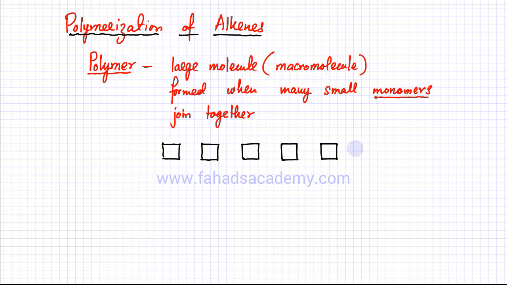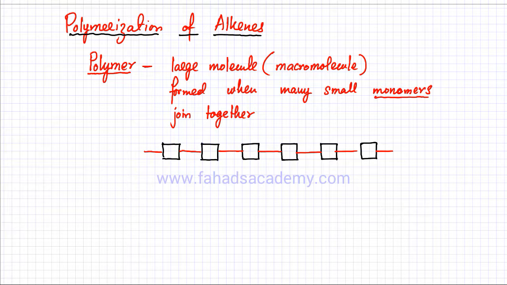So I've drawn a few small single units, and they are all going to end up joining together. They start bonding with each other, and when they bond, a chain is formed, and generally this chain is very long.